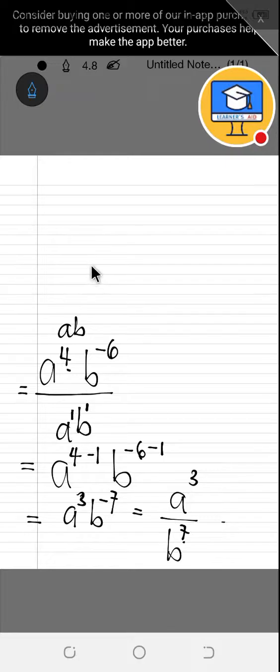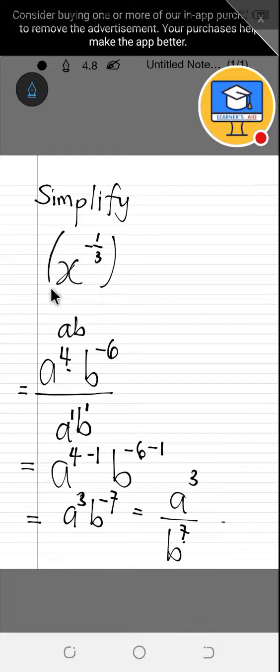Simplify x to the power negative 1 over 3, bracket closes, to the power negative 6.